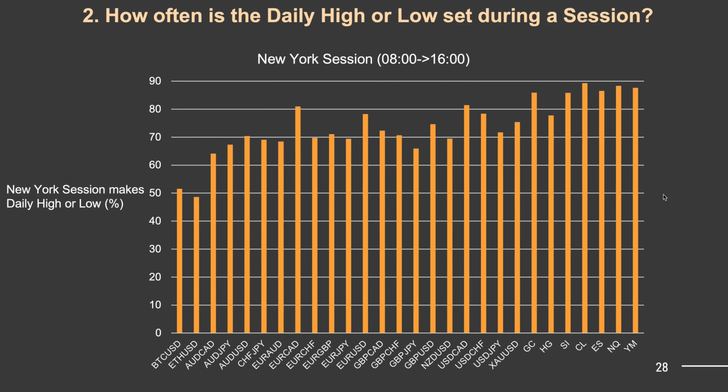And finally, the astonishing result, but expected, was that during the New York session, anything can happen. On the right, again, on US futures, we have nearly 90% chance to see an extreme level of the day, either the high or the low.